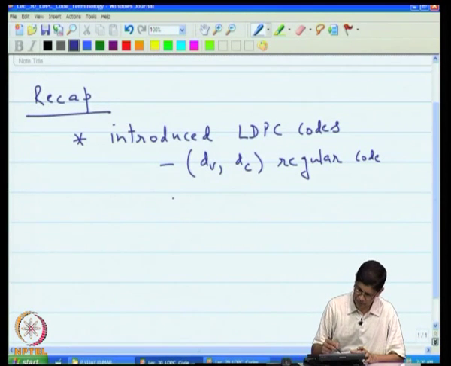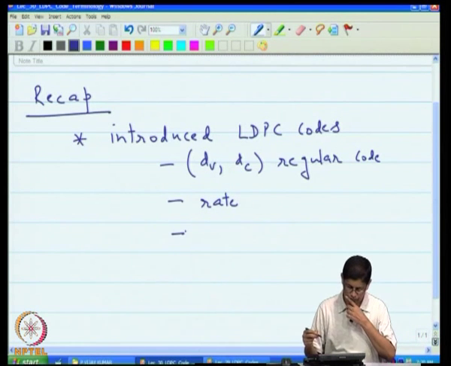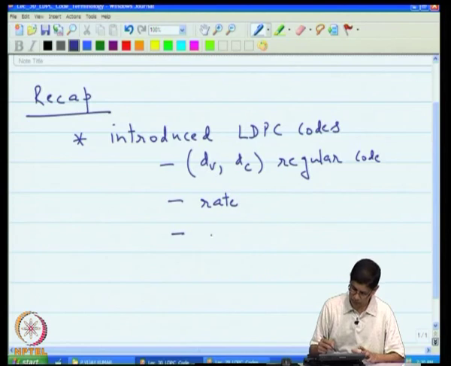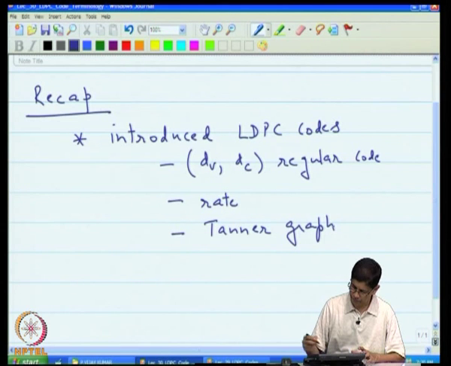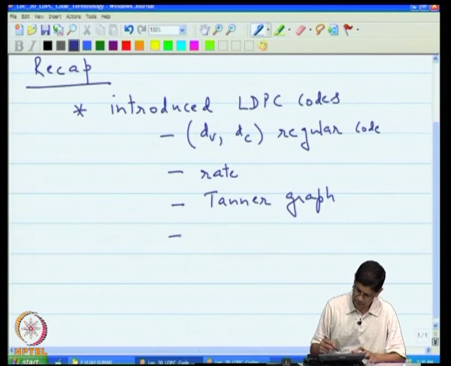We talked about the rate. Then we talked about the tana graph. And of the decoding complexity being linear.